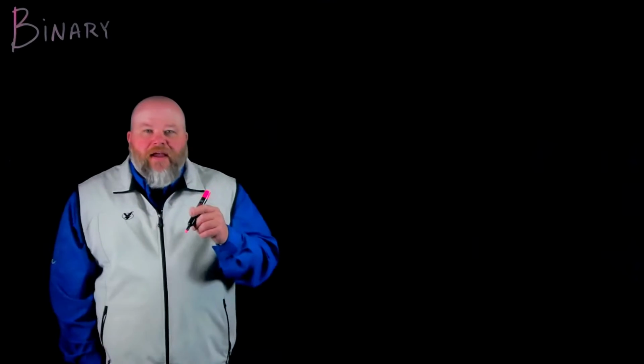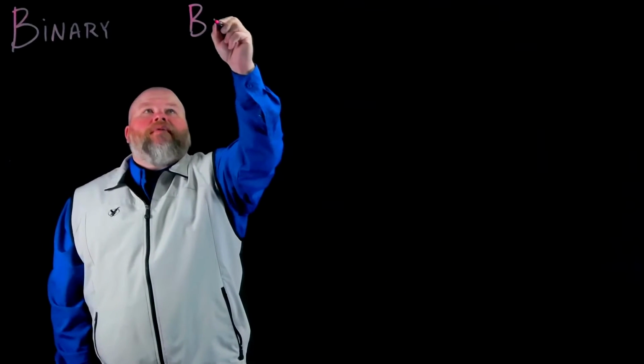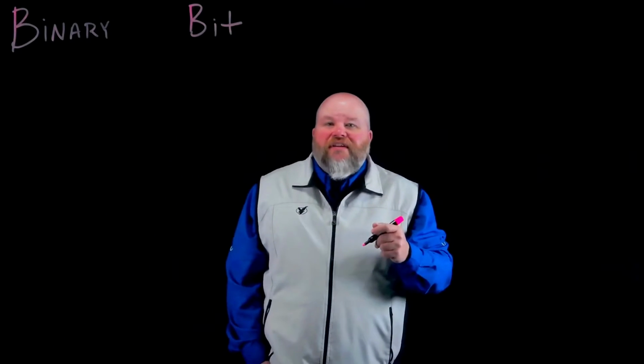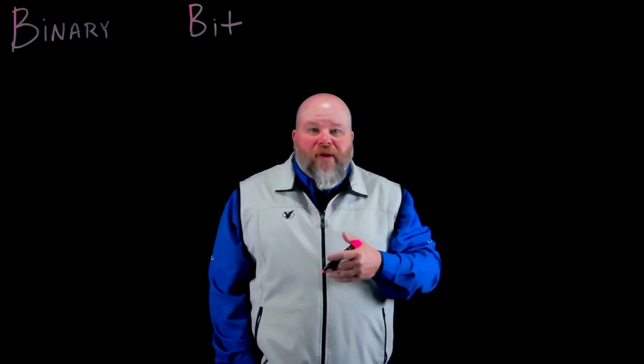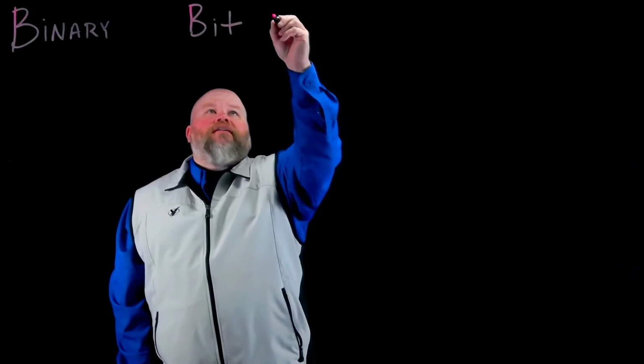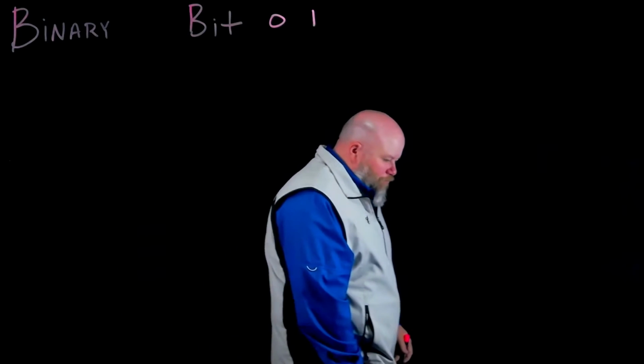So what that looks like, we represent that circuit being on or off in a function we call a bit. Now, the bit is a representation of that transistor being on or off, and we represent on or off with a 0 for off or a 1 for on.